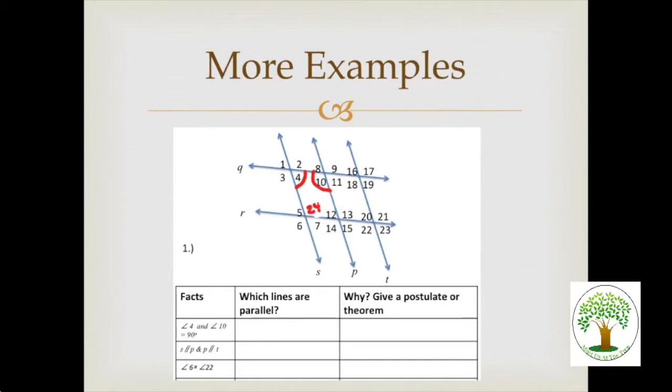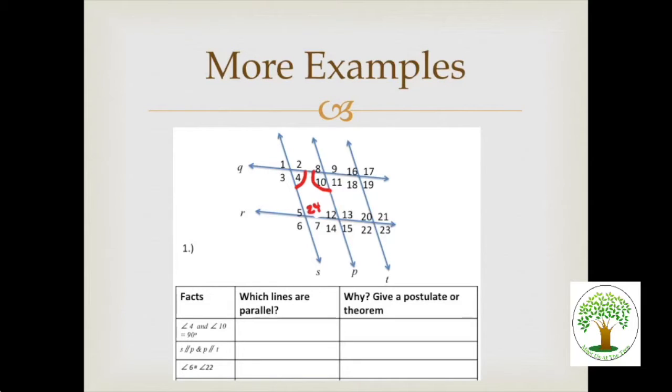And what's the transversal? Line S and P. Oh, we're supposed to do the tiny ones. This is what I have to do. I see these reds touch lines.